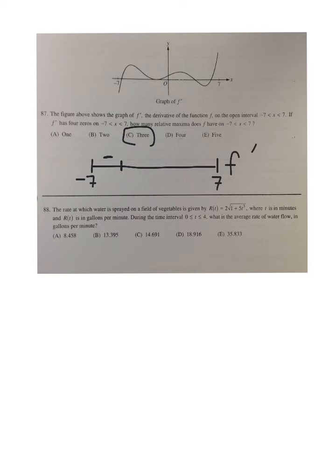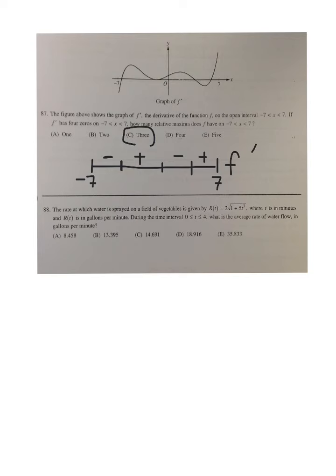Then at some place I start going positive, someplace else I start going negative, and at someplace else I start going positive again. And they want to know how many relative maximums or minimums the function has, okay? And so maximums or minimums occur when you have sign changes in your derivative. So I've got 1, 2, 3 sign changes. Okay, 88, the answer is choice C.